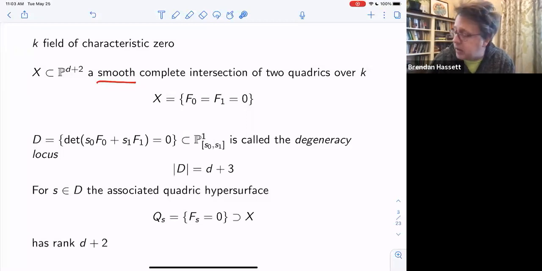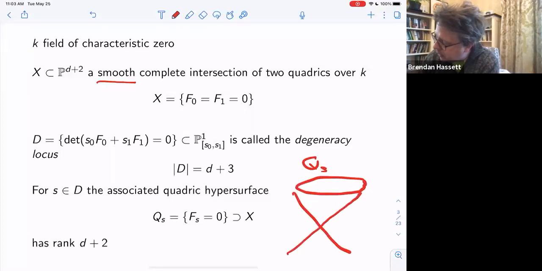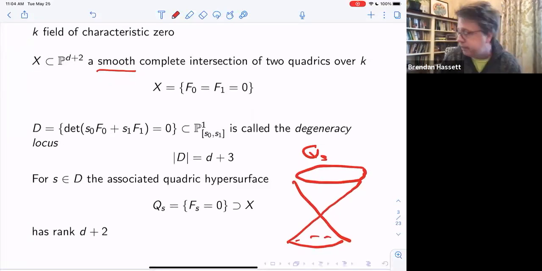That is, the rank is equal to d plus 2 rather than d plus 1. And that is just an artifact of the singularities. And so again, these elements Q of S, these are singular quadrics in a linear series defining X.